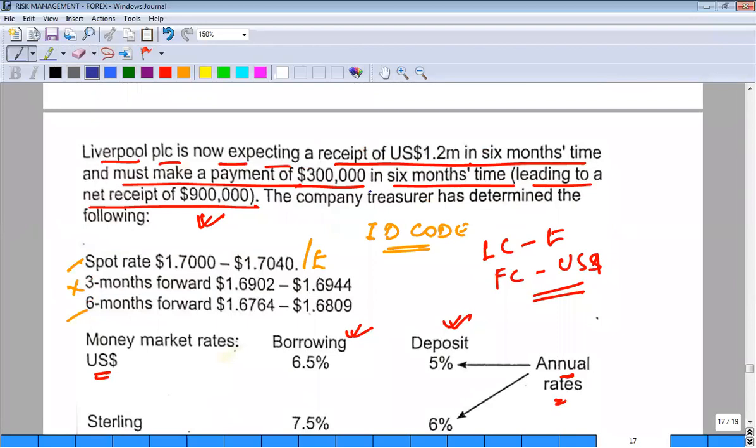By forward contract, the amount is $900,000. We will receive and we will sell, the bank will buy. Indirect quote: the higher one is buying.